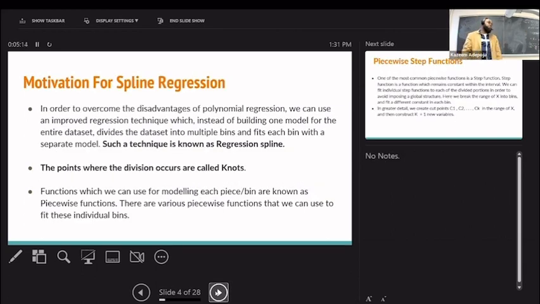So what is the motivation for using spline regression? In statistics, the moment there's a problem, we want to have a way out. We have a problem with polynomial regression, because the more we increase the order of the polynomial, the better the quality, but only in terms of bias, not in terms of variance.